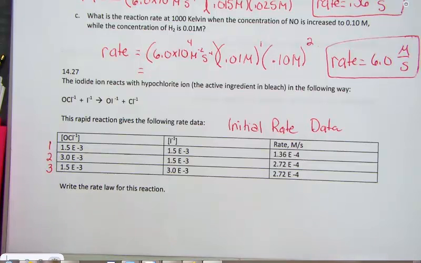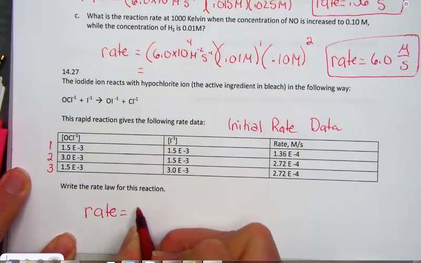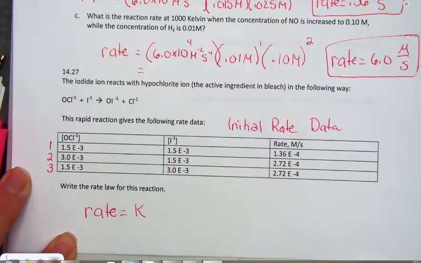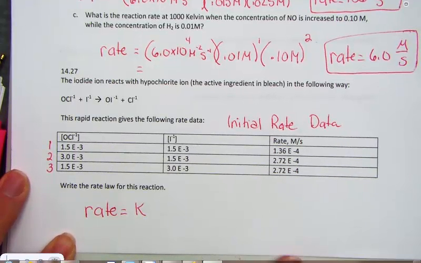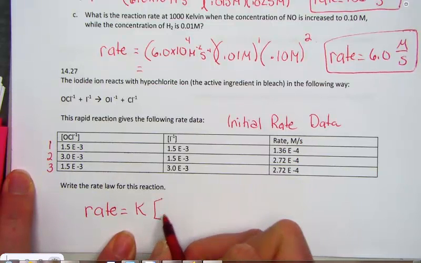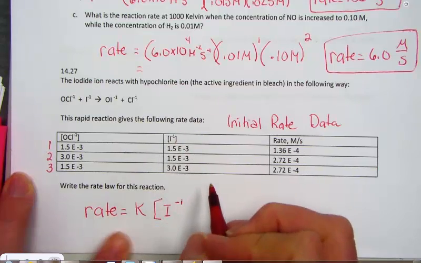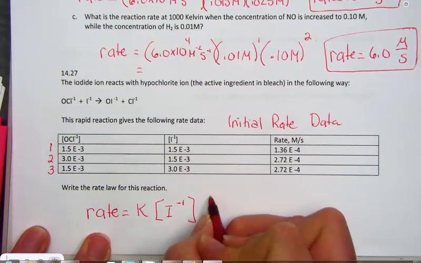The easiest way to get started here is, I know the rate law will start out by writing rate is equal to k, the rate law constant. We don't know that value yet, but we can calculate it in the next step once we know the rate law. I know it will be raised to the concentration of iodide, our first reactant. Oops, I grabbed this wrong. Oh well.